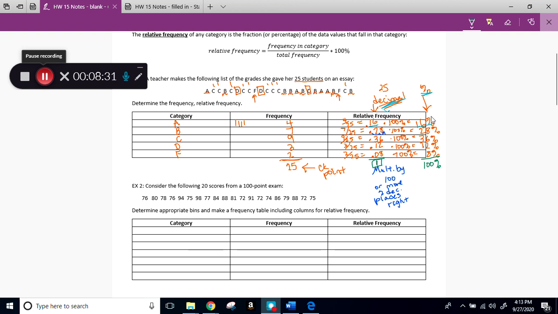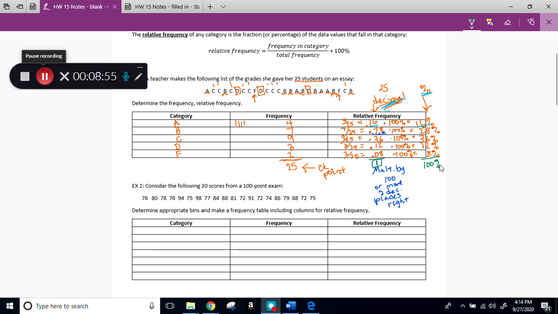So the percentages and the decimals just kind of break it apart into the groups where you can see which one's weighted more heavily. So which one has the most percentage? We got 16%, 28%, 36% C's, and then 12%, 8%. But altogether, that's 100%. That's all of them. So that's kind of another checkpoint.